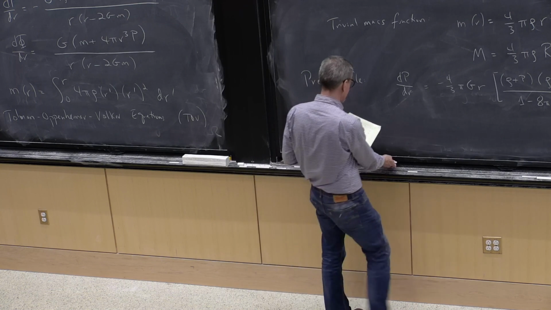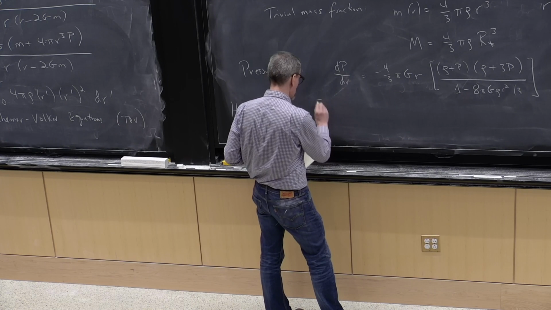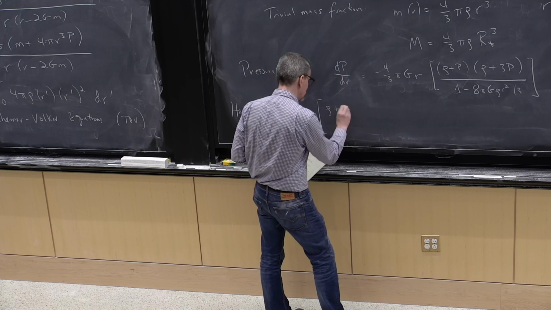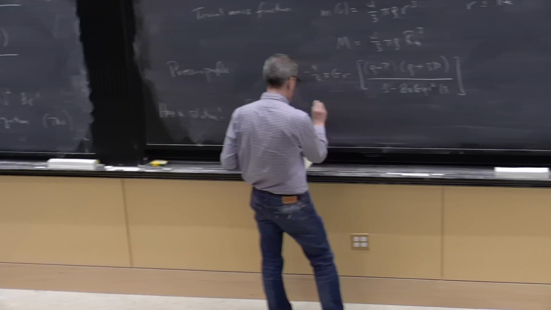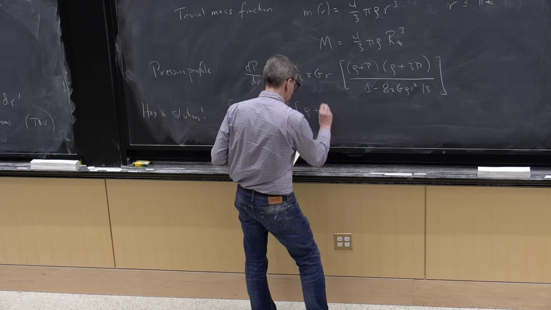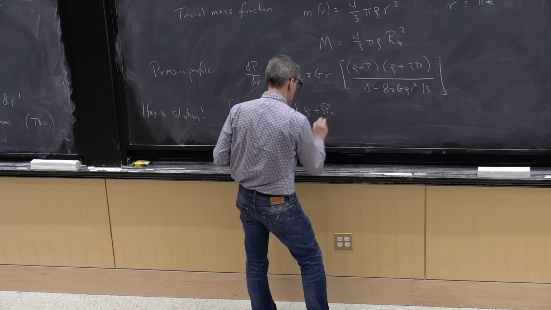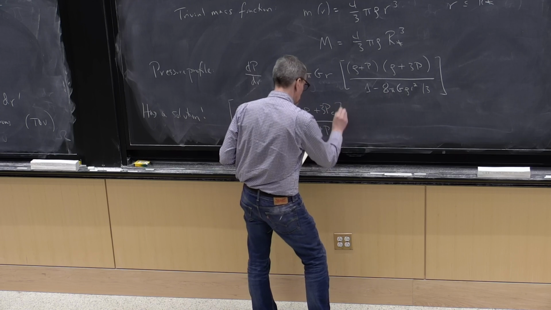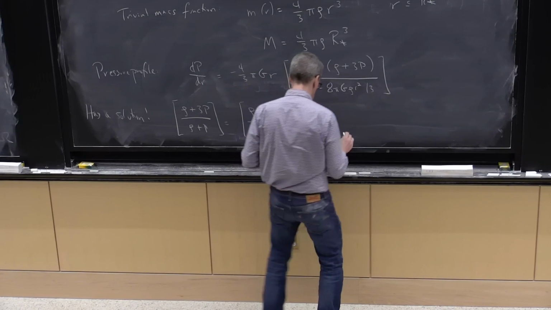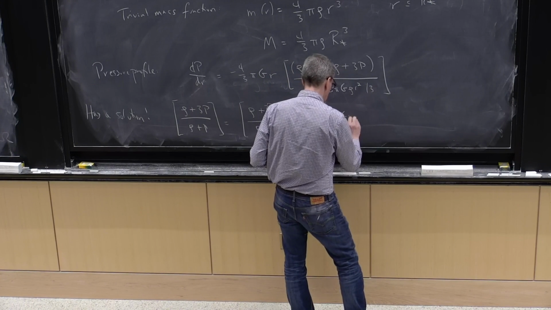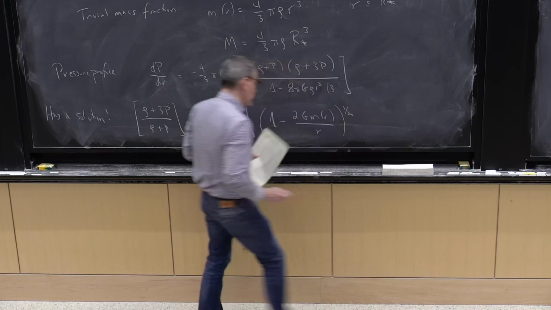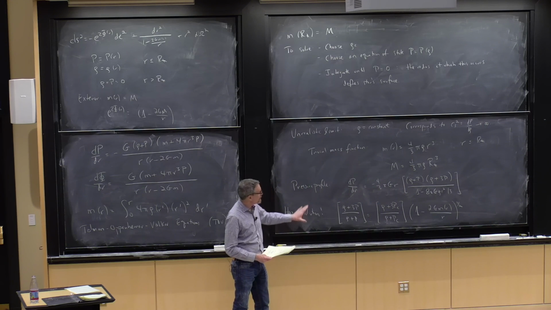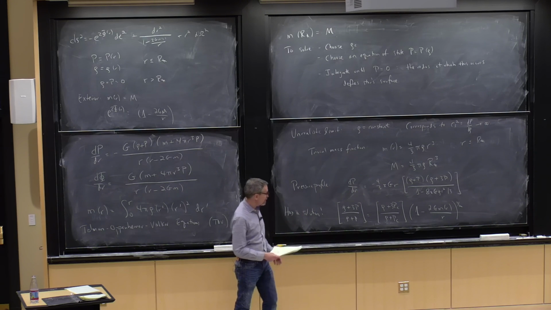It's a somewhat messy looking solution, but nonetheless, it turns out that the pressure profile is determined by manipulating this equation and integrating it up, and this ends up describing what the pressure profile looks like.